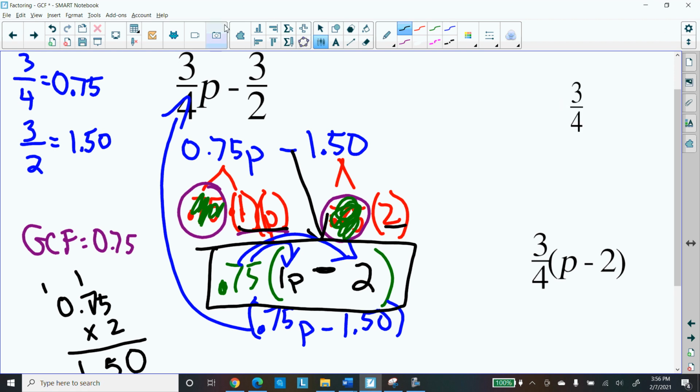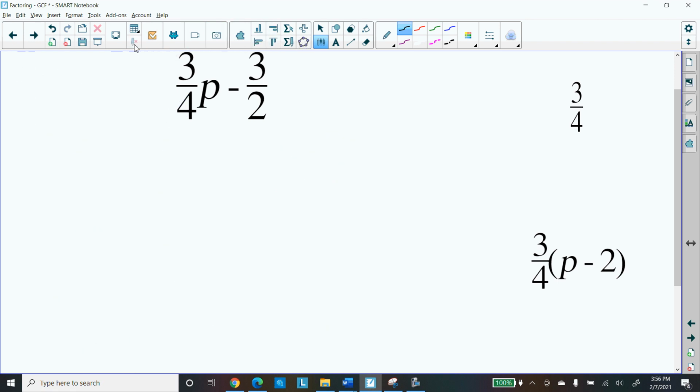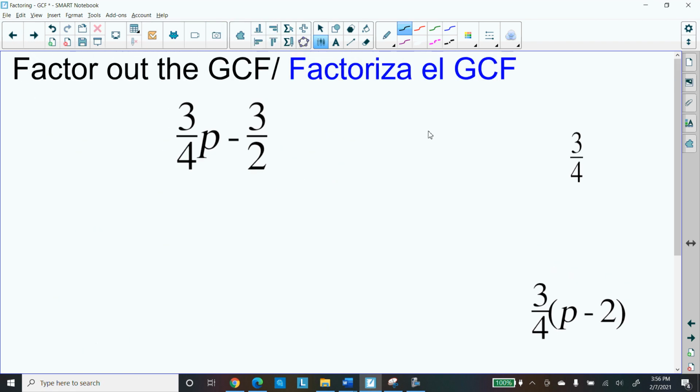Now, my GCF is 3/4, so let me clear this, if you don't mind, and show you how to deal with it if you were dealing with a fraction. Now, 3/4 times p.